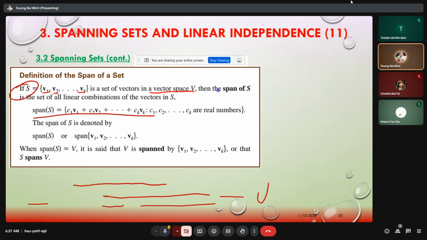S is a spanning set of vector space V if we can get the linear combination of all vectors in S. Any vector V belonging to vector space V can be expressed as C1 V1 plus C2 V2 plus ... plus Ck Vk.